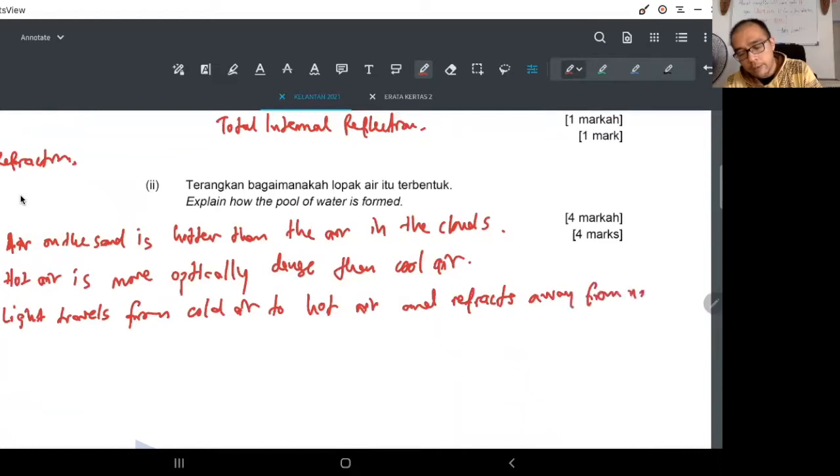Okay, away from normal. So that will be our third point. And then as it refracts away from normal, the angle is going to get bigger and bigger and bigger.